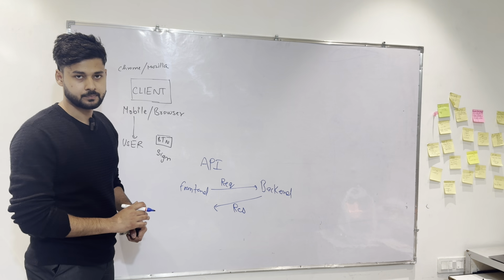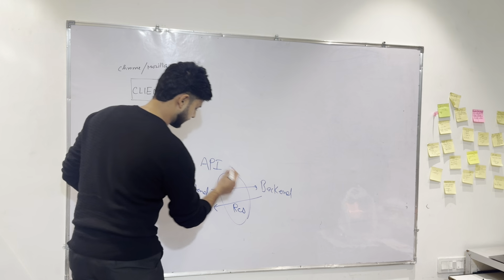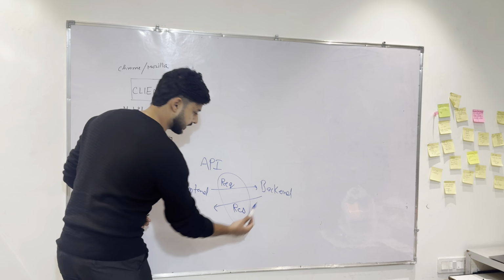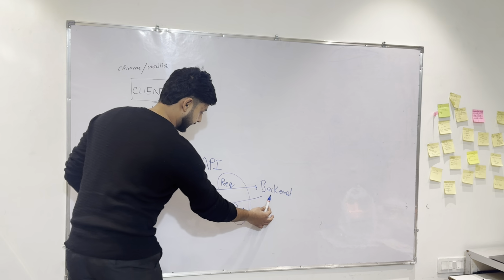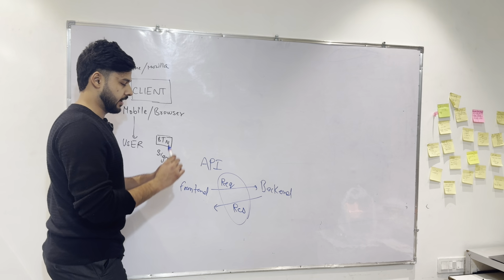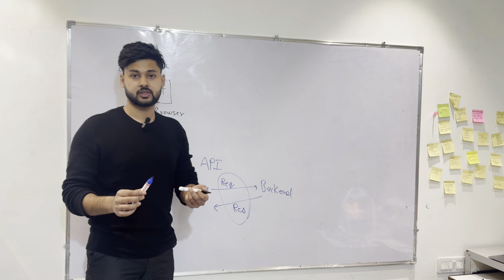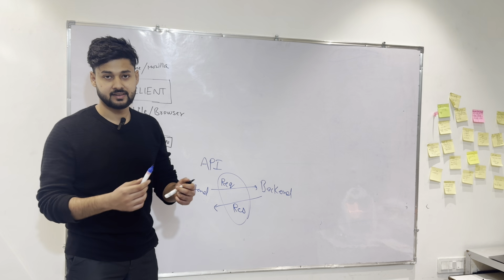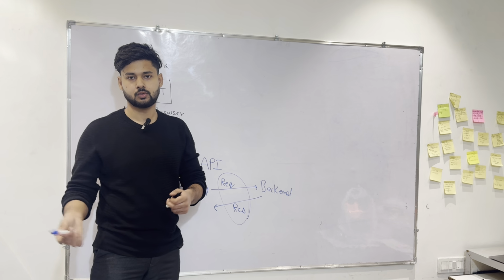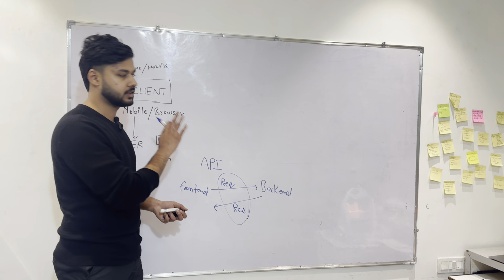This is your API. It takes data from the front end to the back end, and then brings data from the back end to the front end. That's all. So if someone asks you what an API is, you will tell them this. It is like a waiter. A waiter goes to the kitchen and gives food to the table. It is the same thing with an API.